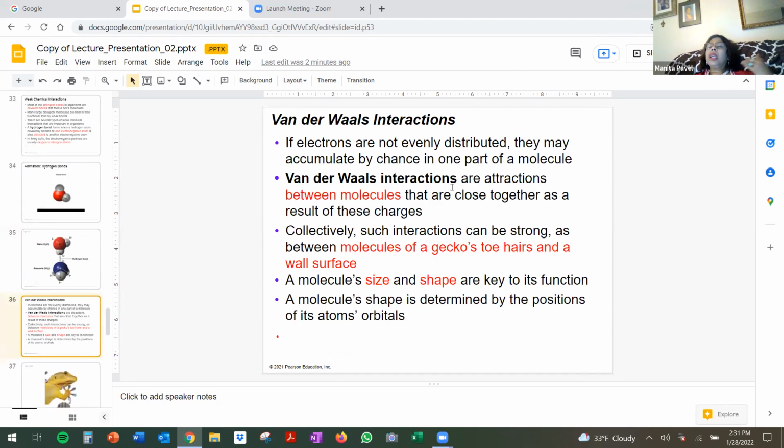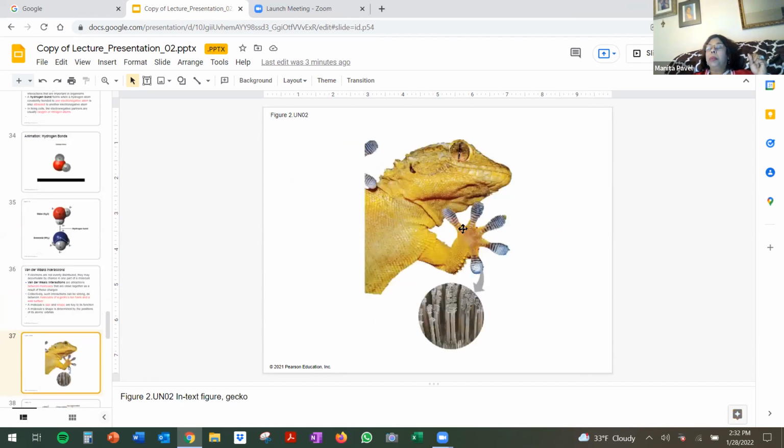Now let's look at different types of interactions that exist. Van der Waals interactions are attractions that occur between molecules that are very close together as a result of these charges. Such interactions together can be strong, as between the molecules of a gecko's toe hairs and the wall surface. So this is a gecko. And what does a gecko do?